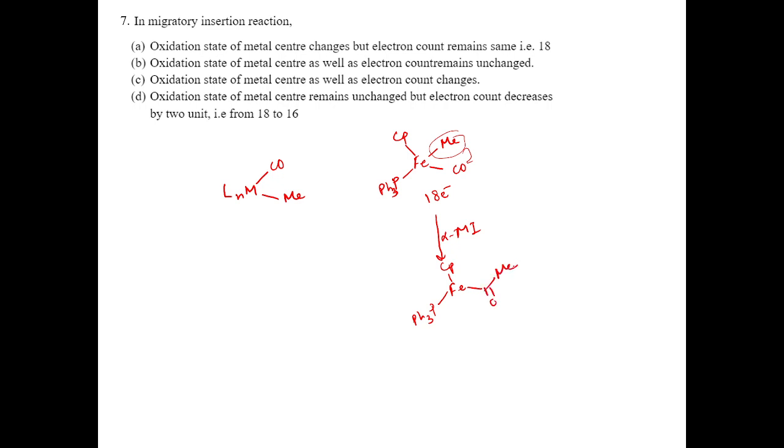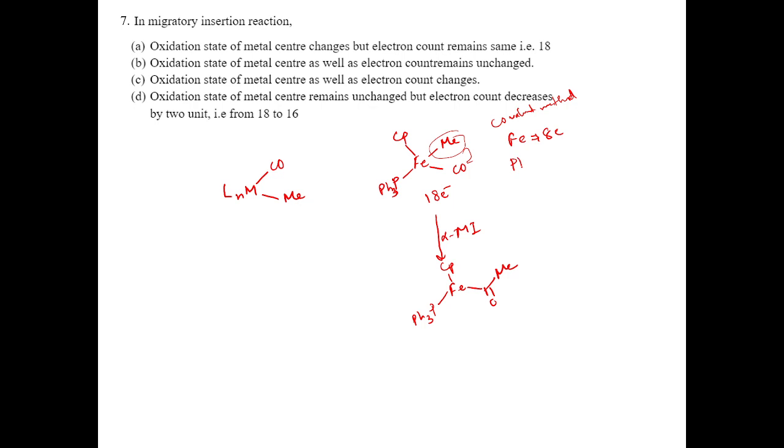That will form, right? So if you count like this, that iron has 8 electrons in the covalent method, right?